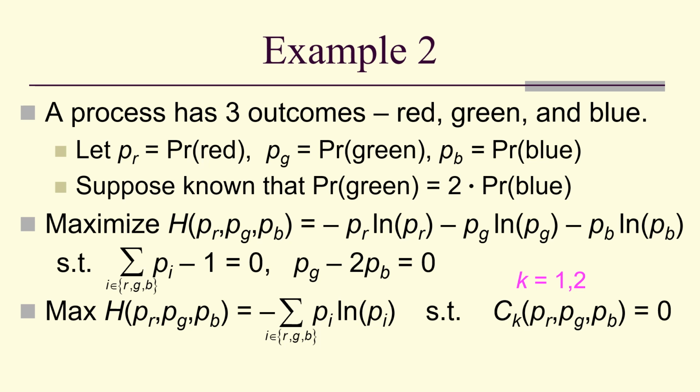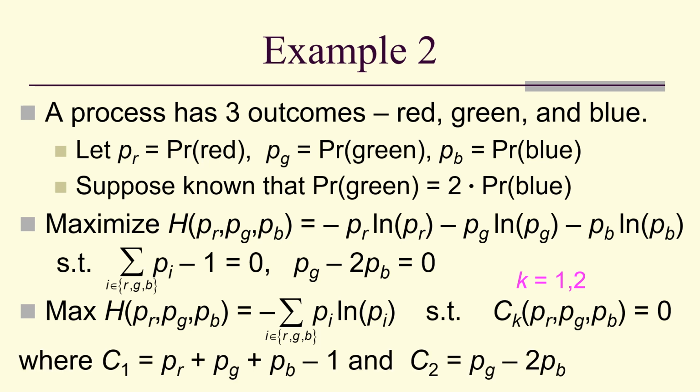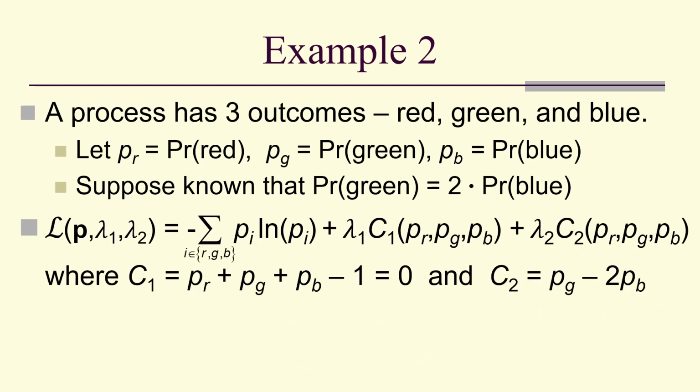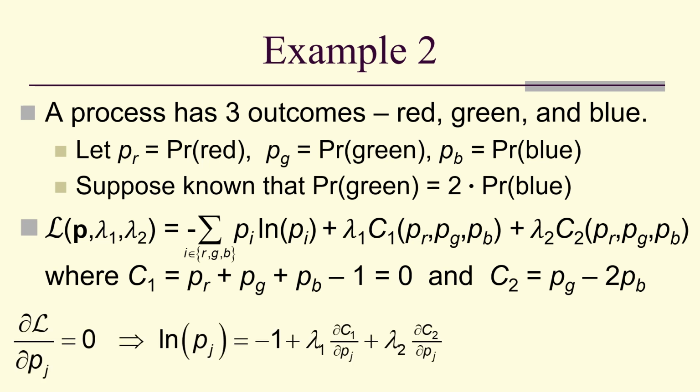And there are 2 of these: C1, the sum of the probabilities minus 1, has to be 0, and C2, P sub g minus 2 P sub b, has to be 0. Here's our Lagrangian, and by our comment earlier, the natural log of P sub j has to be -1 plus lambda 1 times the partial of C1 with respect to P sub j, plus lambda 2 times the partial of C2 with respect to P sub j.